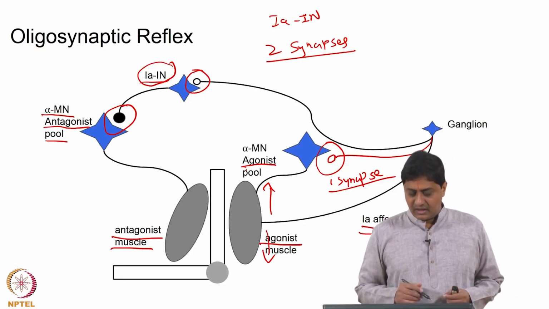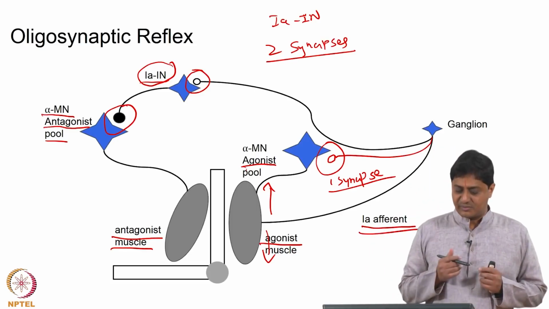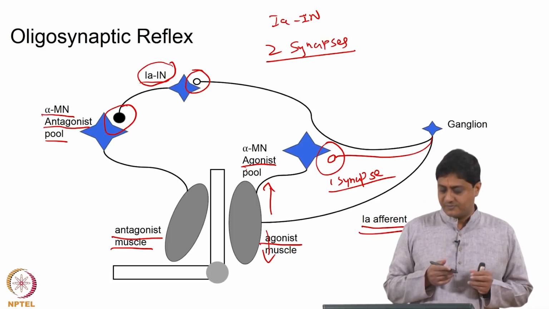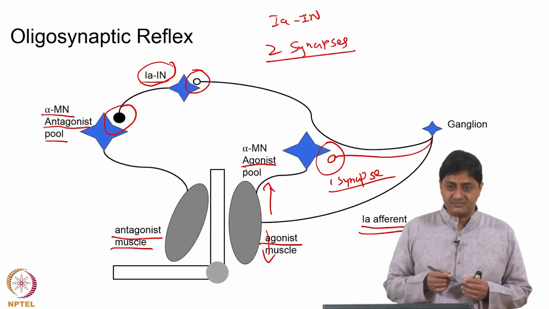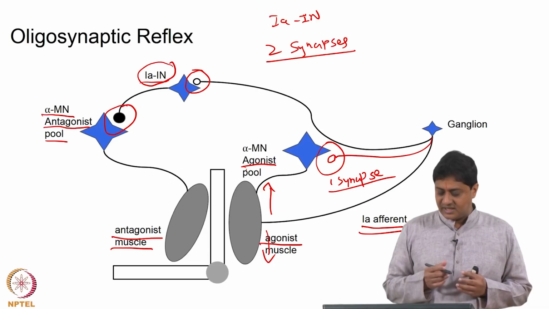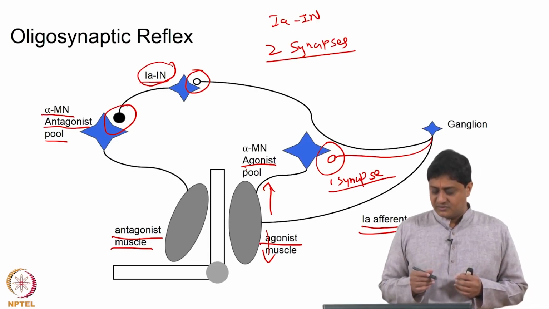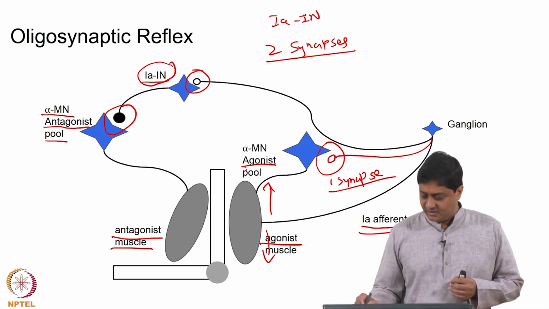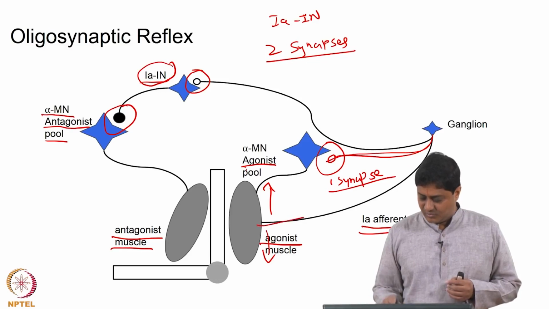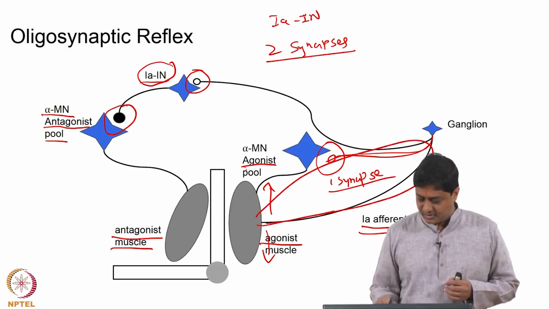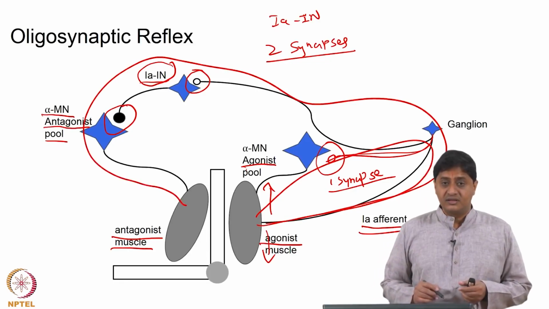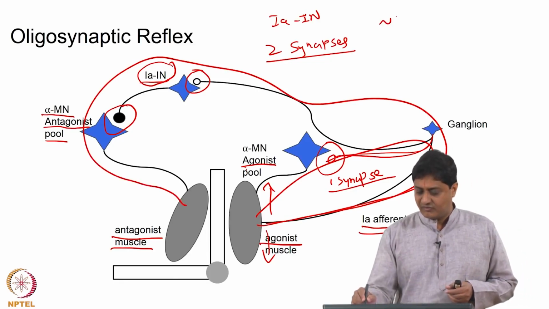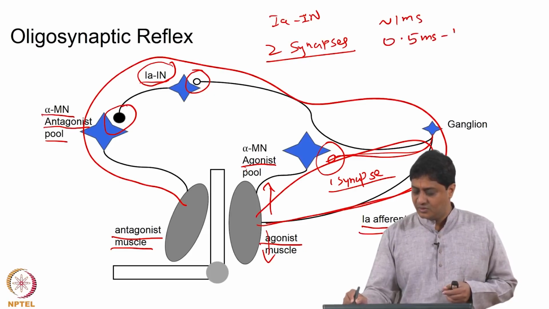Okay. How do we know that this is an oligosynaptic reflex? How do you know that this is actually involving more than one synapse? So, what actually is done is the difference between, say, that monosynaptic loop and that oligosynaptic loop is actually of the order of 1 millisecond. It is actually between 0.5 milliseconds to 1 millisecond.